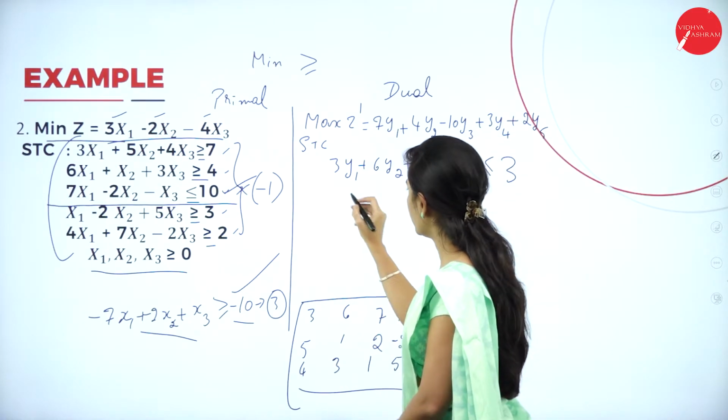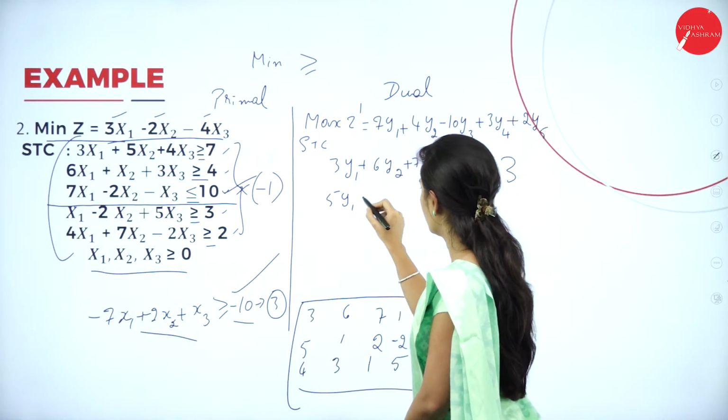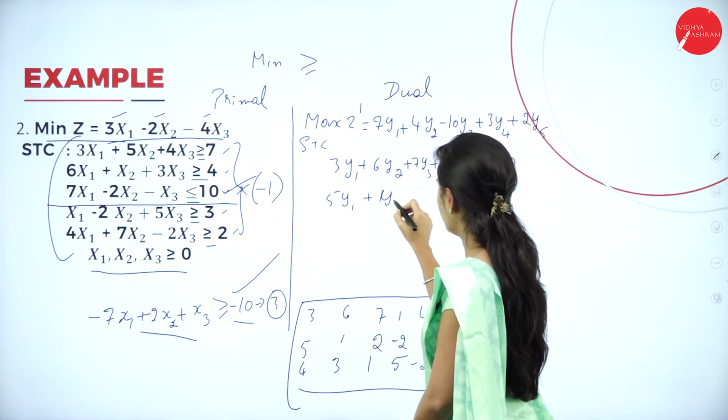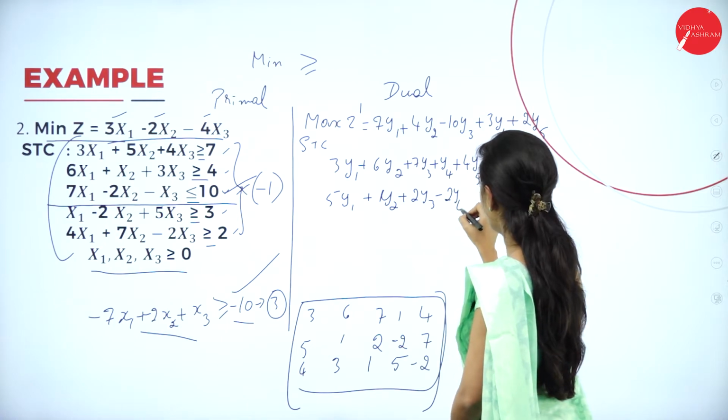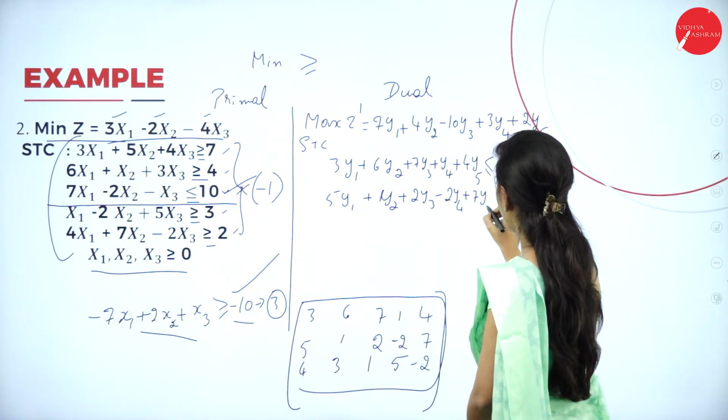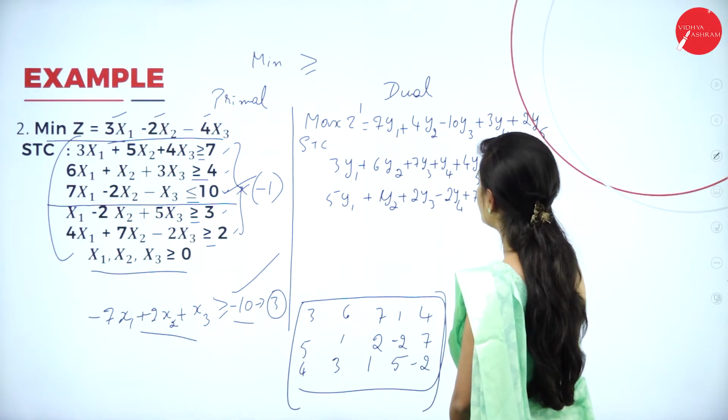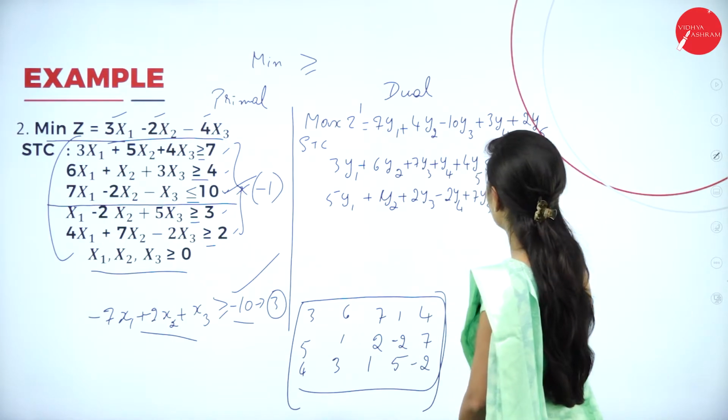And the second constraint, 5y1 plus y2 plus 2y3 minus 2y4 plus 7y5 less than or equal to minus 2.